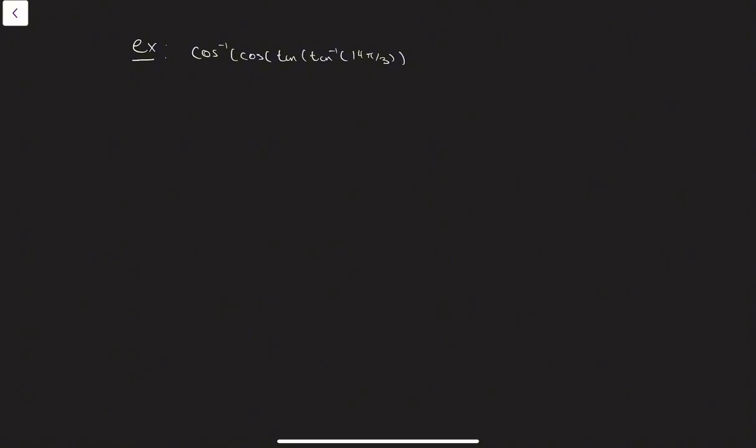Great, so let's write down the domain of cos and tan quickly. So we know that the domain of cos is between 0 and pi, and for tan, the domain is negative infinity to infinity.